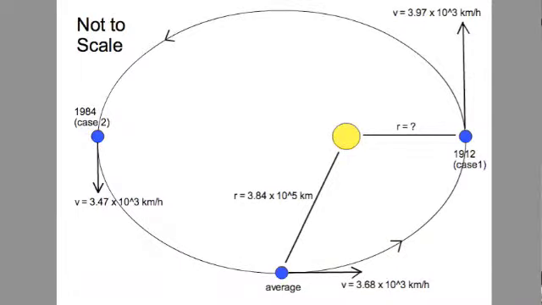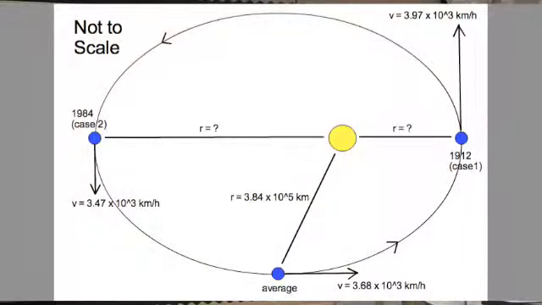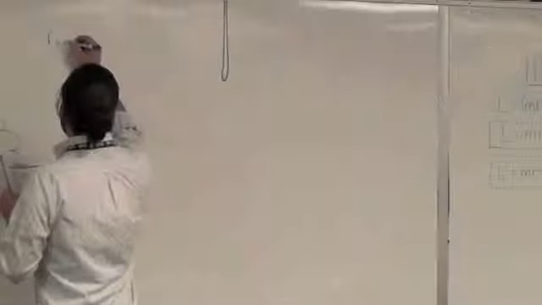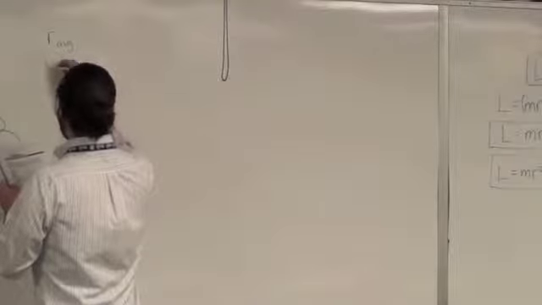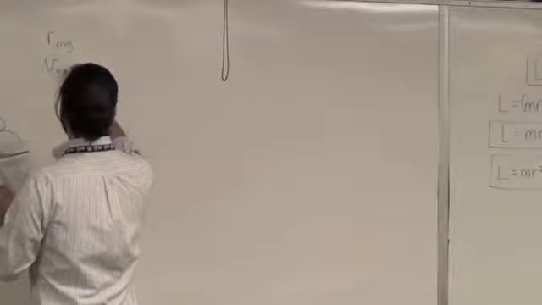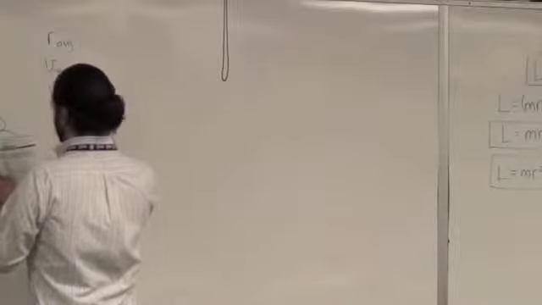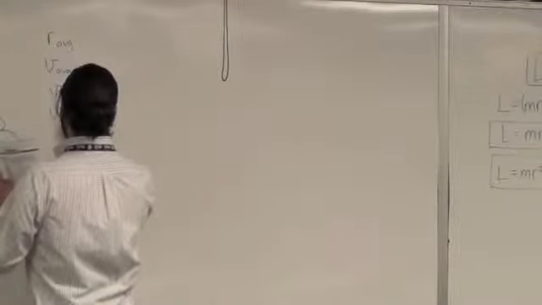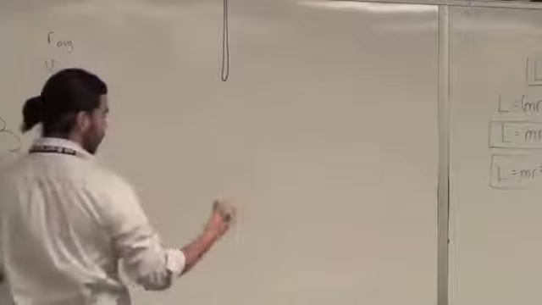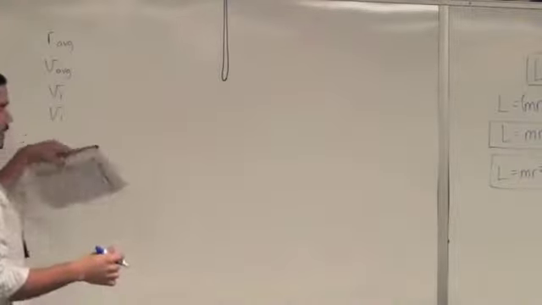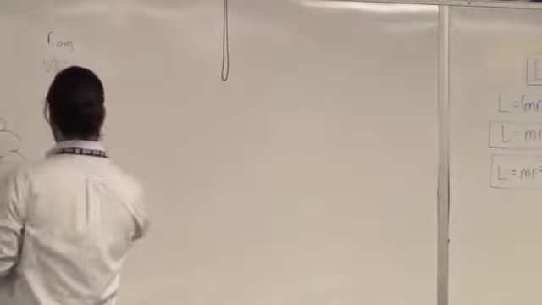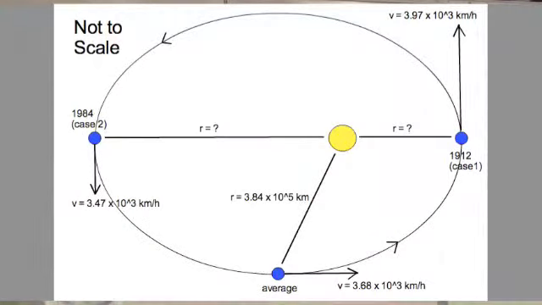Calculate the distance that corresponds to the 1912 and 1984 orbital speeds respectively. So you've got your average radius, your average velocity, velocity 1, velocity 2. After I write down what's given, I always like to write down what I'm looking for: radius 1 and radius 2.